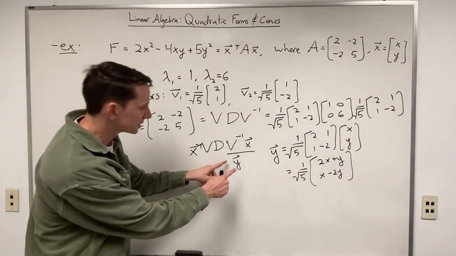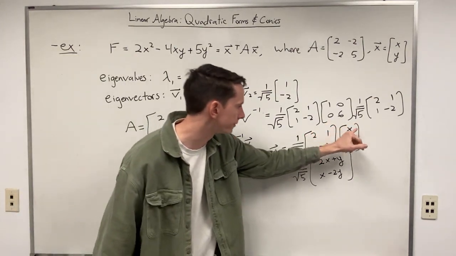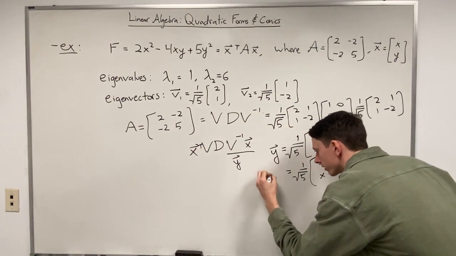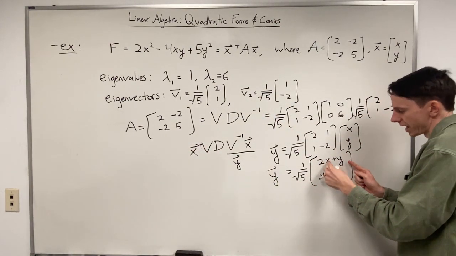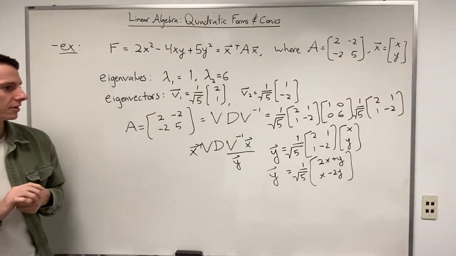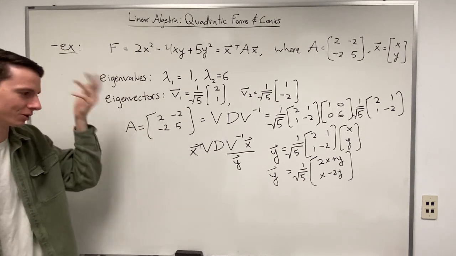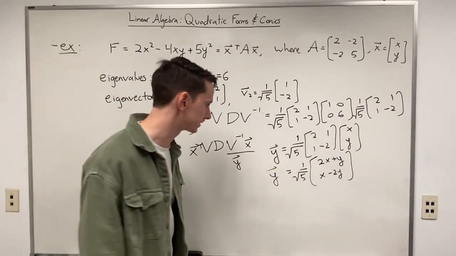And then we're defining this vector y as the matrix times the vector x. It just so happens that the vector y is also going to have components in terms of x and y. I hope that's not too confusing. If it is, I apologize. But assuming that makes sense, let's keep going.